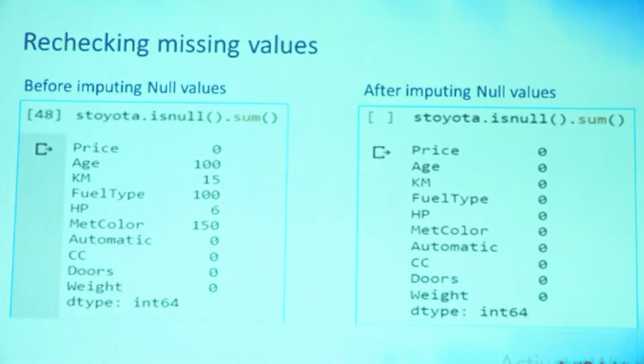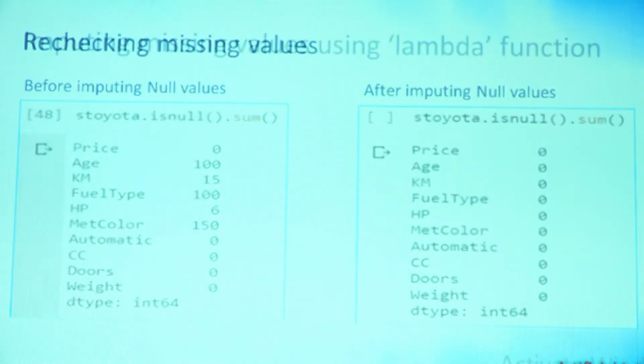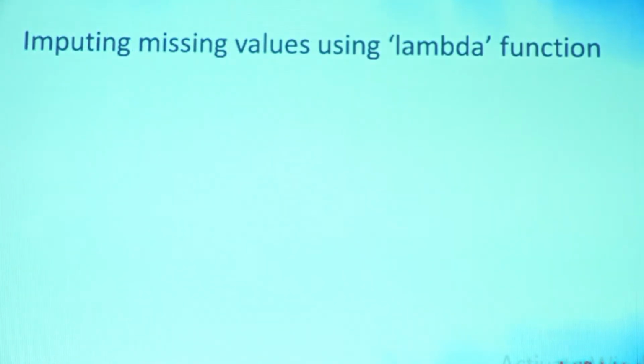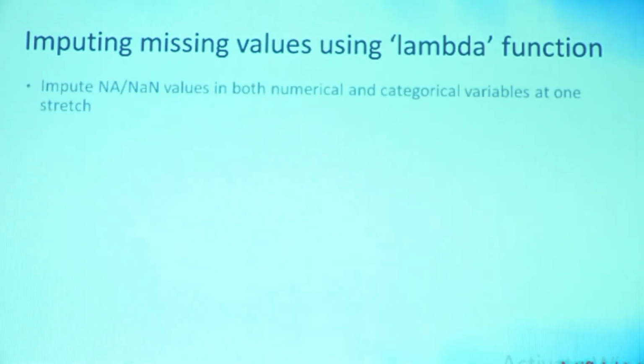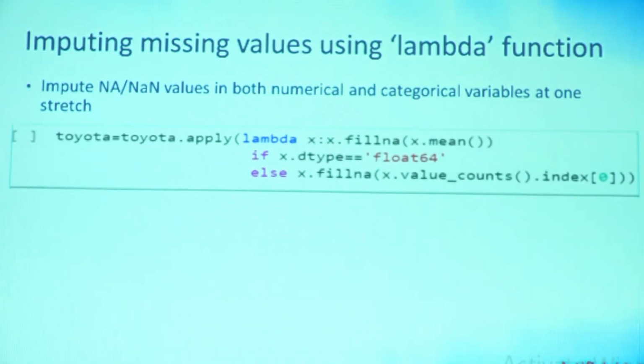Now what is next, guys? I'll teach you one more method. Don't run this one because we don't have any missing values right now. There's one more approach to filling the missing values, that is by using a lambda function. What we have done is individually each and every column. At a stretch, in numerical and categorical data, you can impute the null values using a lambda function.